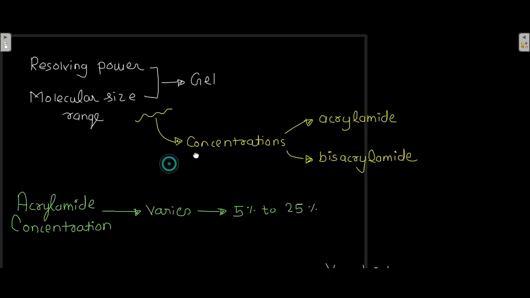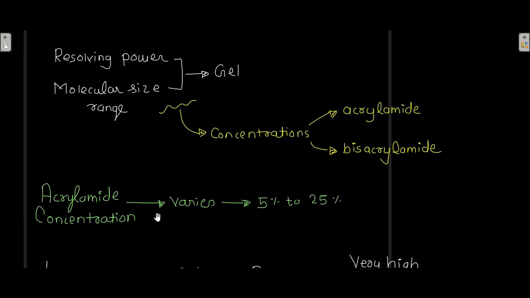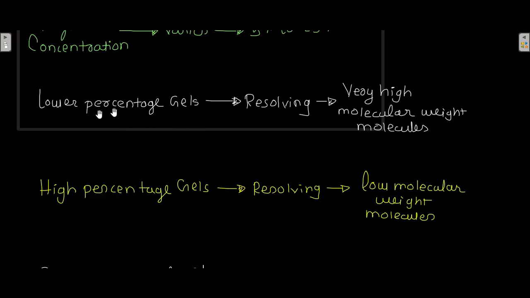The acrylamide concentration varies from 5% to 25%. The low percentage gels will be able to resolve very high molecular weight molecules. If you have molecules that have very high molecular weight and you have to resolve them using gel electrophoresis, then you will prepare a low percentage gel.